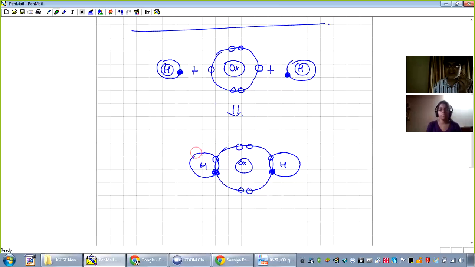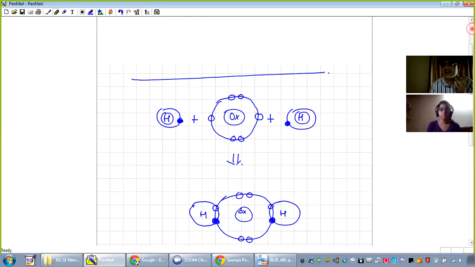Similarly, for each hydrogen atom the orbit becomes 2 electrons, so the orbit of the hydrogen atom also gets completely filled. So the number of electrons required decides the combining capacity of an element. That is the definition of valency.